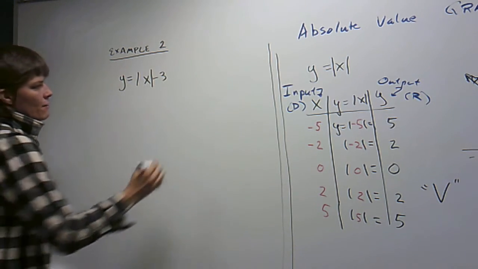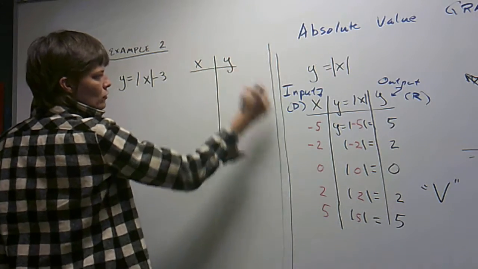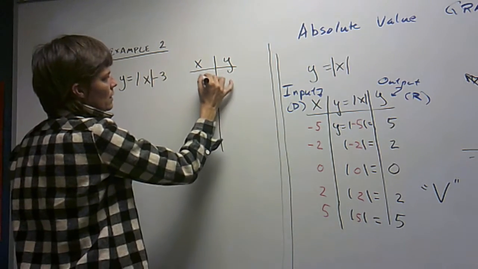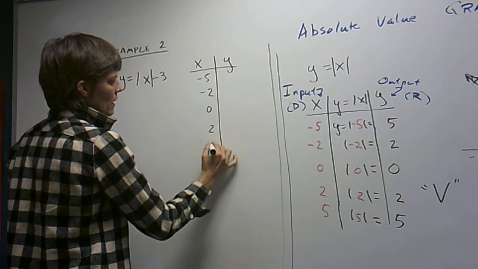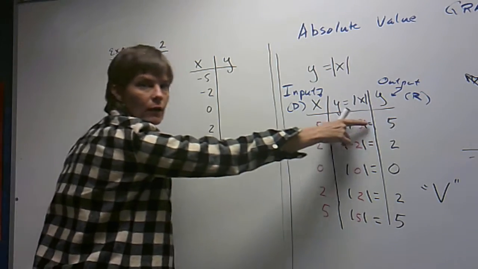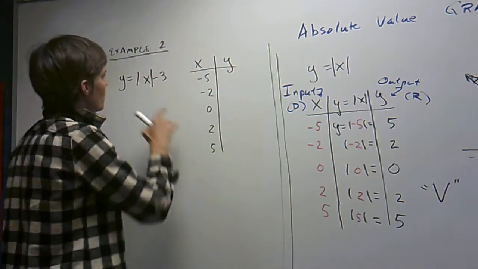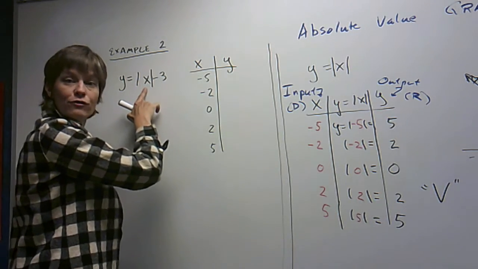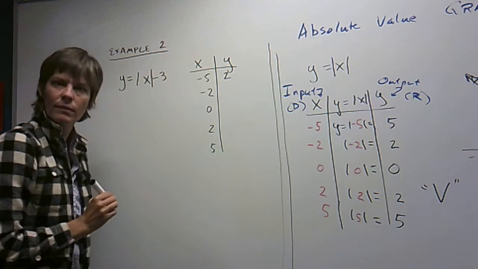Well, if I have my table, if I picked all these same values, right? -5, -2, 0, 2, 5. I know the absolute value of x because I found it all out over here. So I can take all those values and subtract 3 from them. Absolute value of -5 is 5, minus 3 is 2, right?